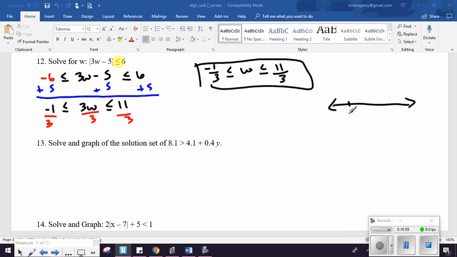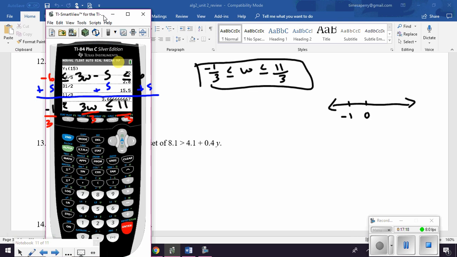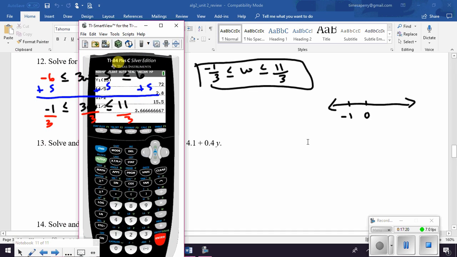I know that -1/3 is between -1 and 0. Now let's find out where 11/3 is between. 11 divided by 3 is 3.67, so it's between 3 and 4.